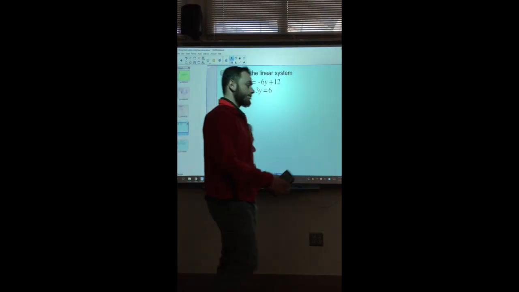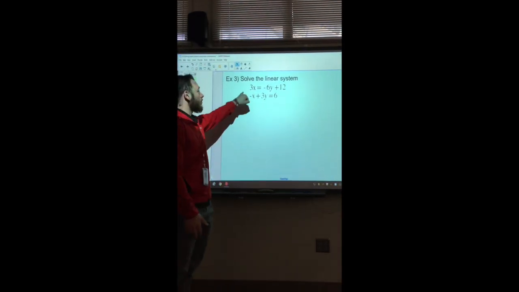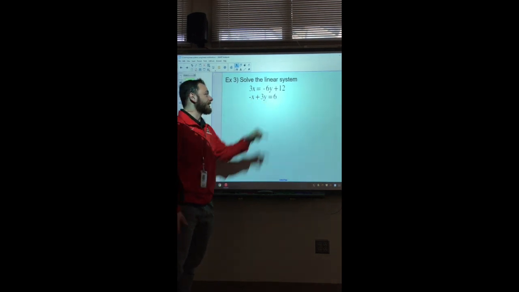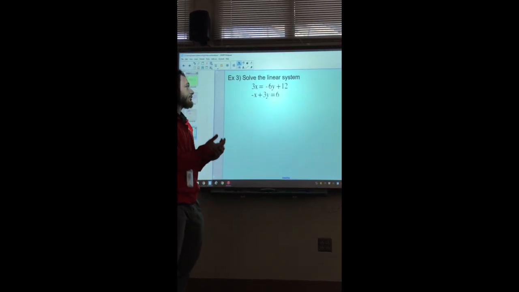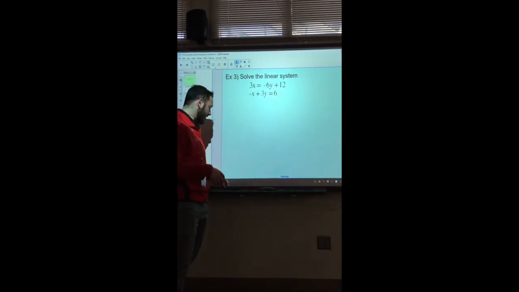Now we have an example where it's 3x is equal to something instead of being in standard form. This is a form that we haven't really seen. So what we can do is just solve for x and substitute it in like we've done in different problems.